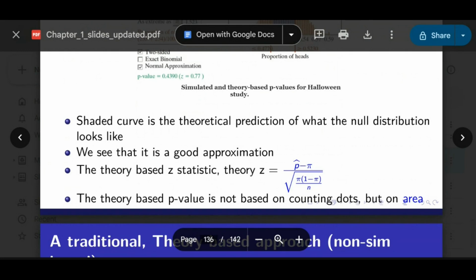And now, here is theory Z, finally. I want you to stare at the formula carefully. P hat minus pi over this thing. Remember this SD I told you about that people could use in a formula without having to use a computer? This is the green number.